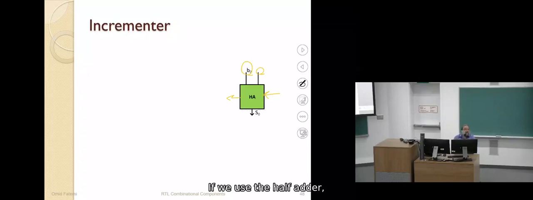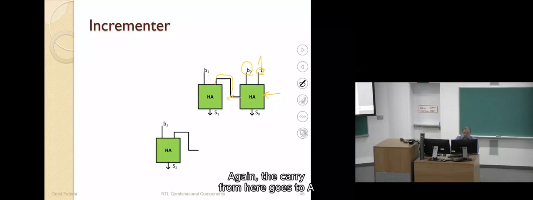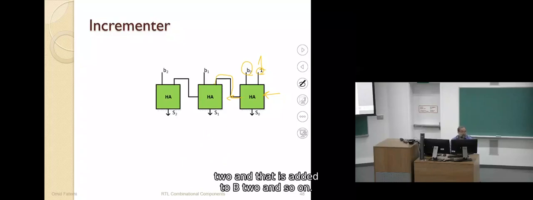So if we use this half adder, and instead of A0 we put the number 1 here, we are adding 1 to B, and then it can go to the next stage. The carry out from here goes again for A1, and this is added to B1. Again, the carry from here goes to A2, and that is added to B2, and so on.